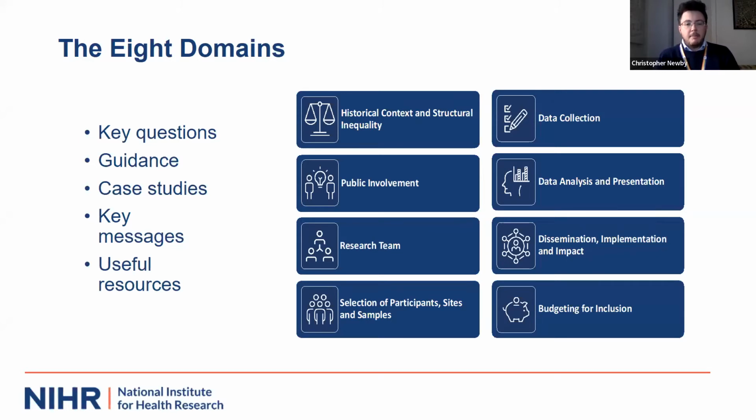Each domain contains key questions and guidance. We've included some case studies so we can see what other people are doing in terms of EDI. There are key messages there and also links to other EDI resources within the NIHR and beyond.